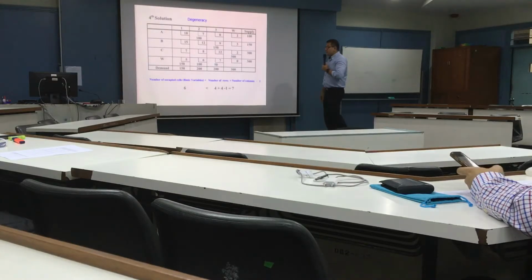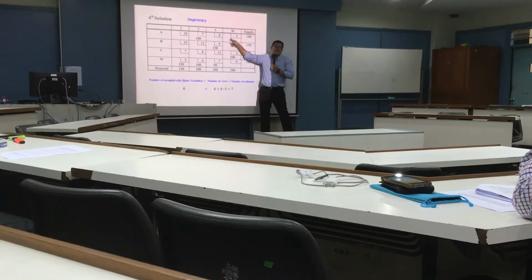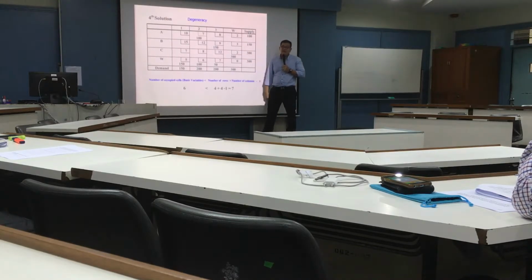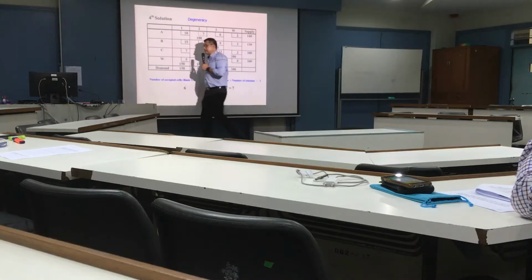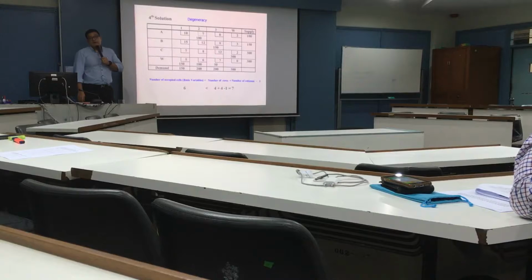So if you have faced the degeneracy problem, just like this case, you can see cell 1, 4. We cannot draw the closed path, right? So how can we do that? The way to deal with the degeneracy case is that we're going to assume one corner that has a number in it, and then we're going to assume it in order to draw the closed path, finish the loop, right?